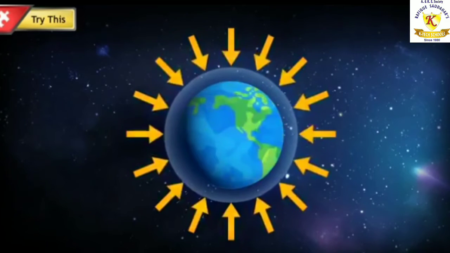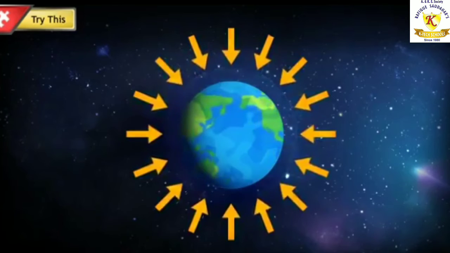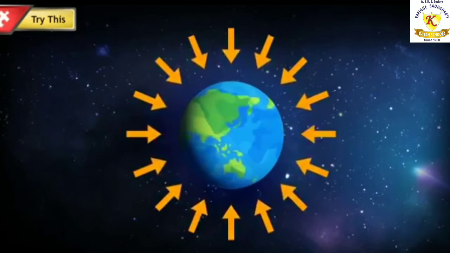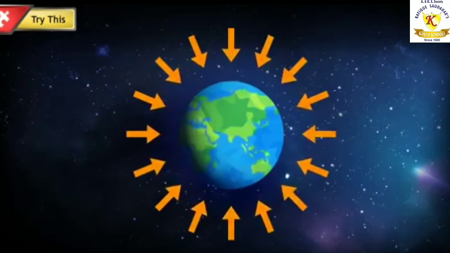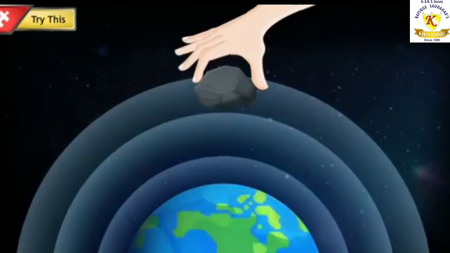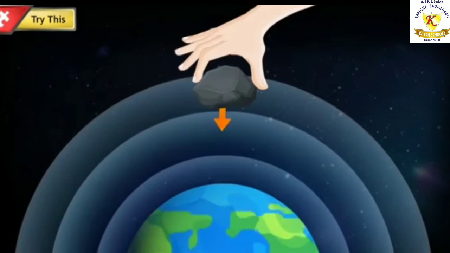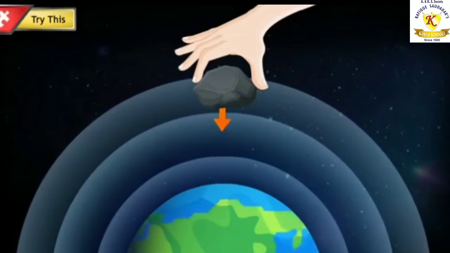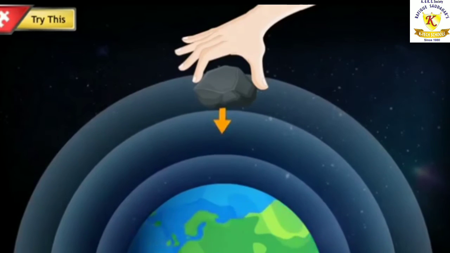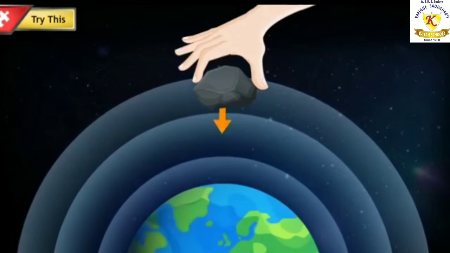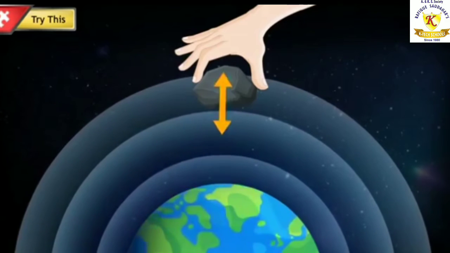We know that the force of gravity due to the earth acts on each and every object. When we were holding the stone in our hand, the stone was experiencing this force. But it was balanced by the force that we were applying on it in the opposite direction.